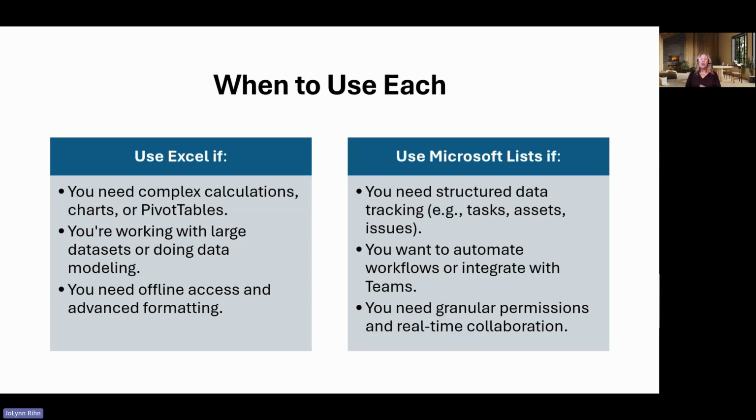Granular permission levels and real-time collaboration are going to be more of a list. If I just need to track information in about 10 columns and I don't need the full capabilities of Excel, a list would definitely be the choice to consider.